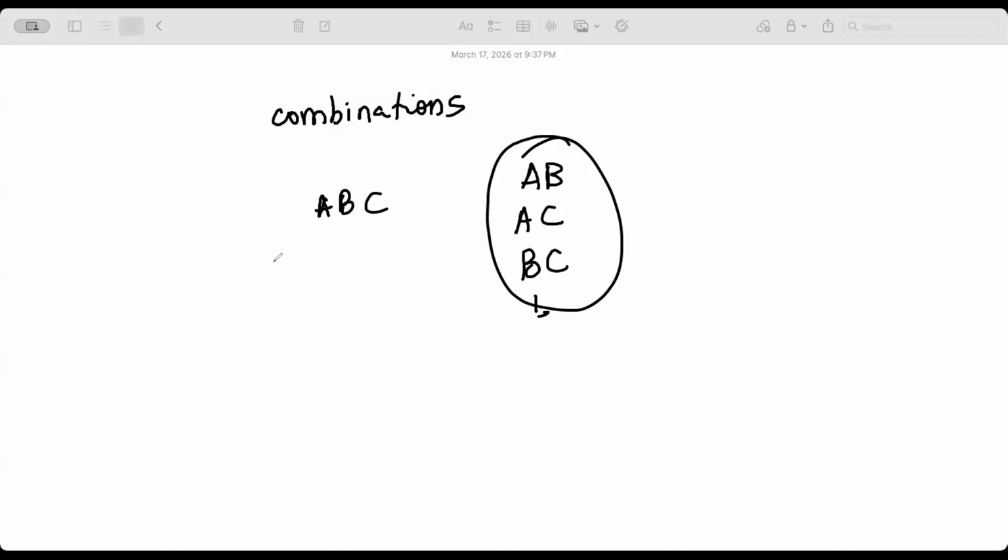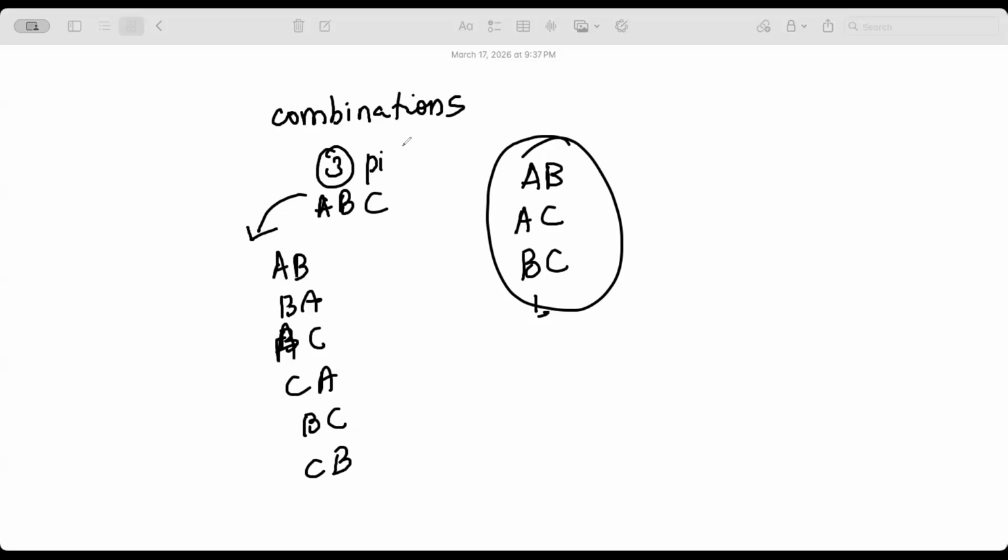Suppose order is important, then I can choose AB, BA, AC, CA, BC, CB. Do you see, when order is important? I have 3 people, you pick 2.